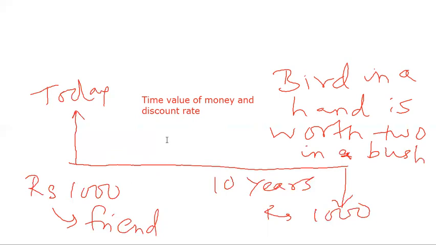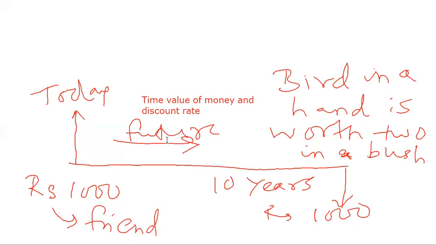The value we have today is much more precious than whatever you are going to get in the future. The reason is that the 1,000 rupees is going to buy me less and less quantity of goods as you move towards this side. So in the future, the value would be less.